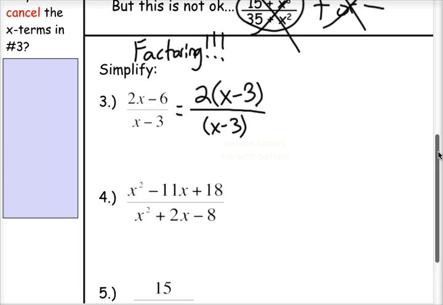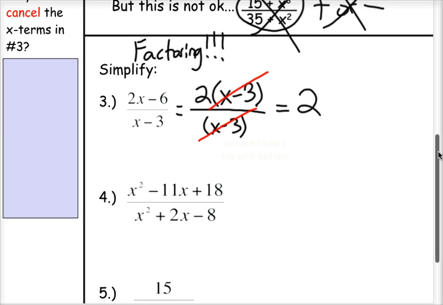Now, the key to simplifying this, once it's factored, is that I look for parentheses that can cancel. So notice here, I have that x minus 3 on top and x minus 3 on the bottom. So I take that whole expression, that whole parenthesis, and cancel it.